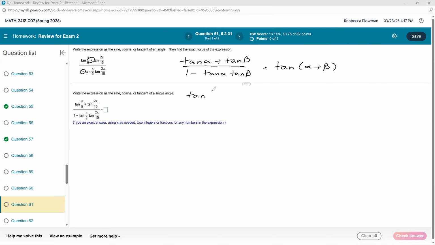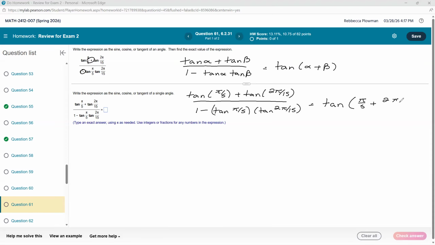So if we have tangent of pi over 5 plus tangent of 2 pi over 15 divided by 1 minus tangent of pi over 5 times tangent of 2 pi over 15, then what we have here is just tangent of pi over 5 plus 2 pi over 15. So if we change that, that can be 3 pi over 15 plus 2 pi over 15.